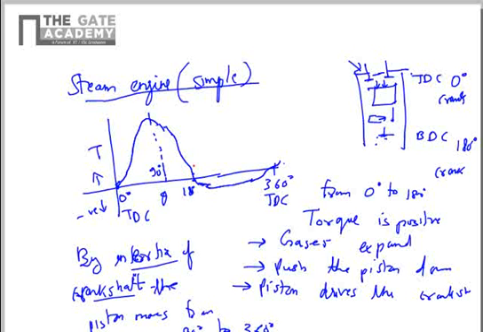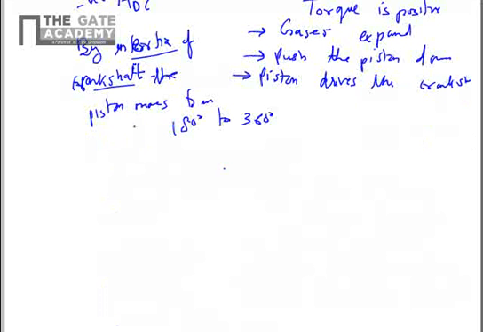So the exhaust or return stroke is where the power is supplied from the crankshaft to the piston.